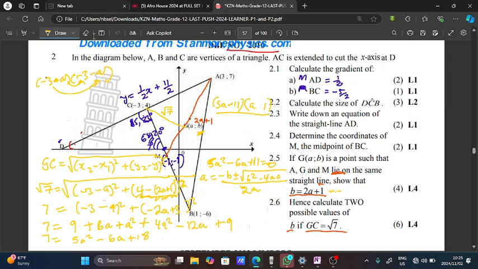So what you'll do here, you can make this the first equation, and then what you get here in terms of a and b can be your second equation.